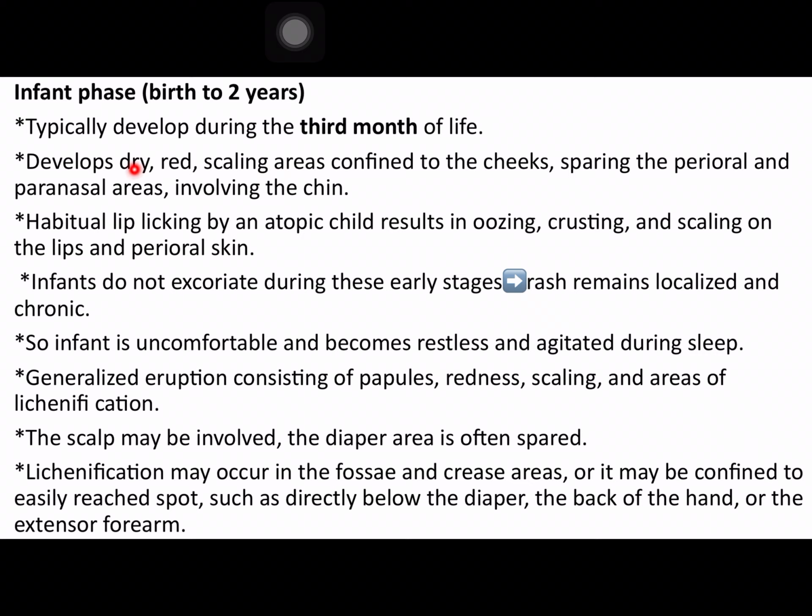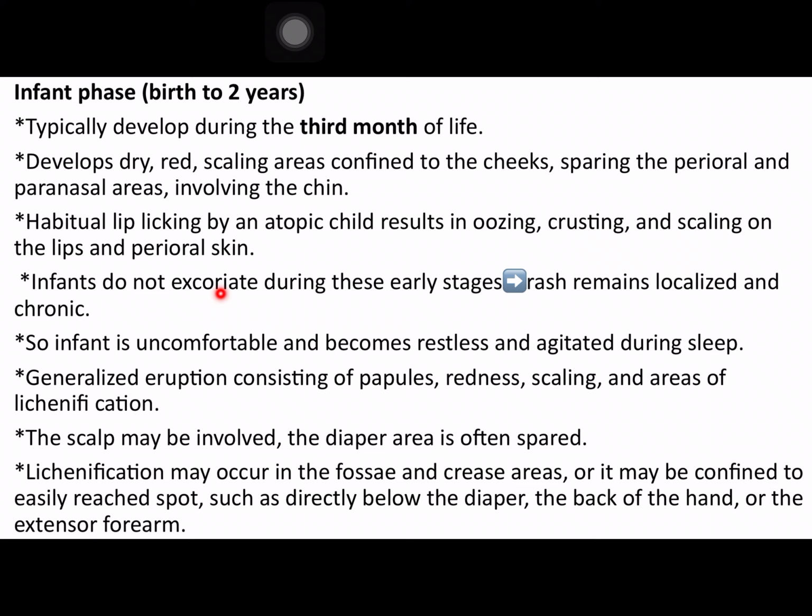We find dry red scaling areas confined to the cheek, sparing the perioral and paranasal areas, and may have involvement of the chin. Also, habitual lip licking leads to oozing, crusting, and scaling on the lip and perioral skin.